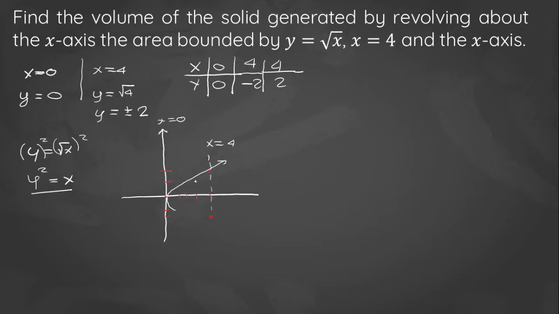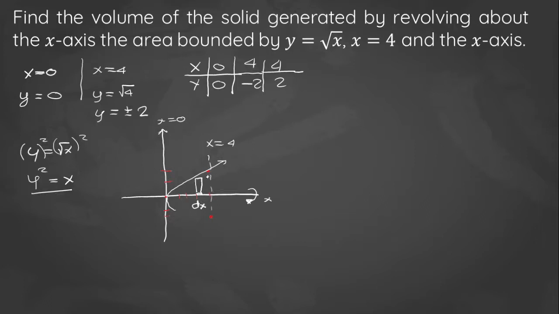So by taking a rectangular strip, since it is rotated about the x-axis, first thing to remember: if you rotate a rectangular element about any axis, for example here, the x-axis, the thickness pairs with the x, so it must be dx.